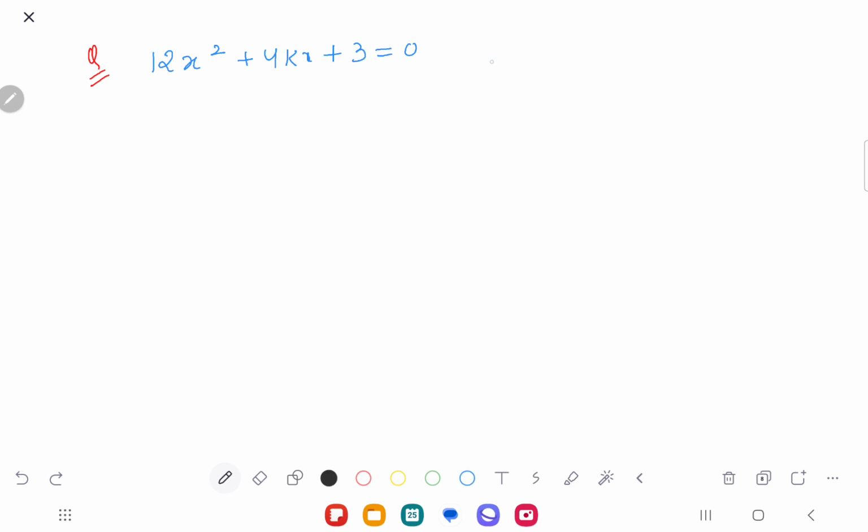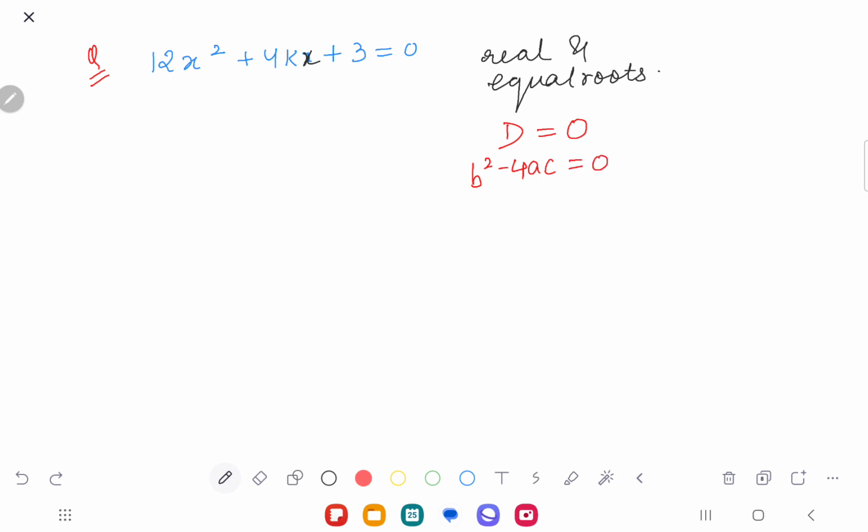Next question is find out the value of k again for which the equation has real and equal roots. So the condition for real and equal roots is discriminant equals to 0. What is the formula of discriminant? B square minus 4ac equals to 0.